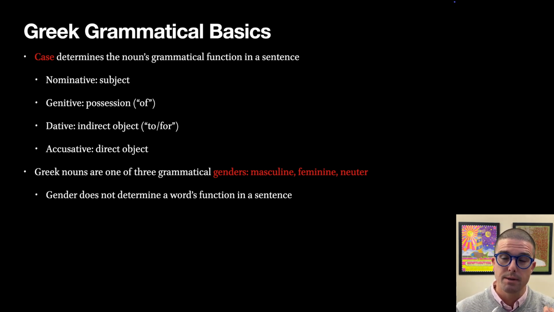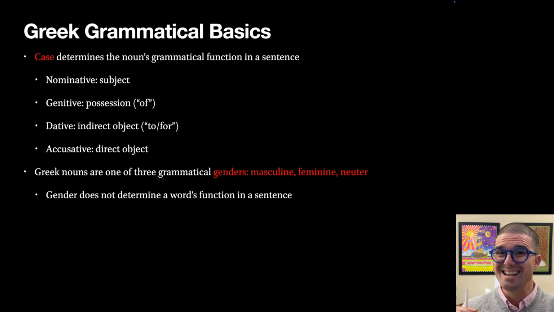But generally speaking, more often than not, we find that a particular word being a particular gender, biologically speaking, does map up grammatically speaking, but that's certainly not always the case. So don't equate grammatical gender with biological gender.